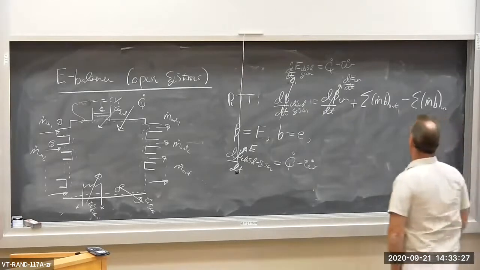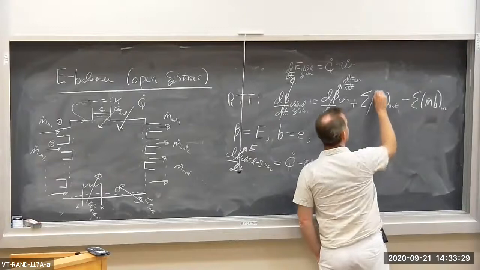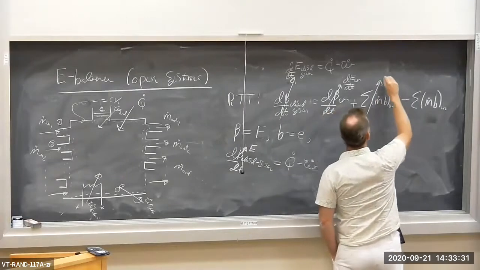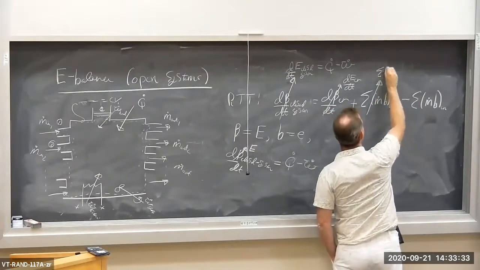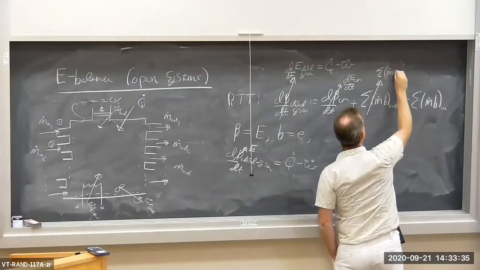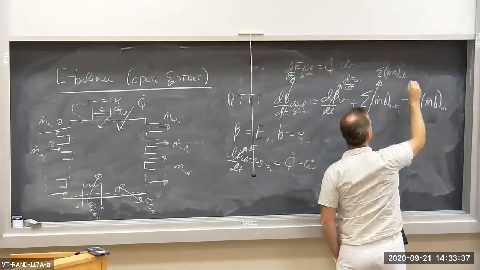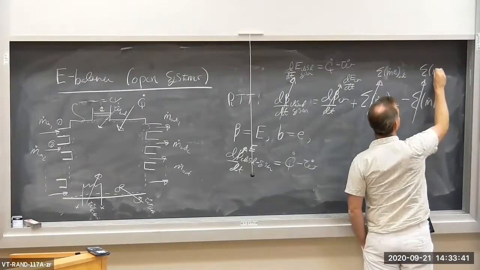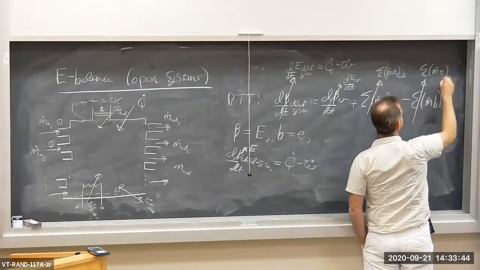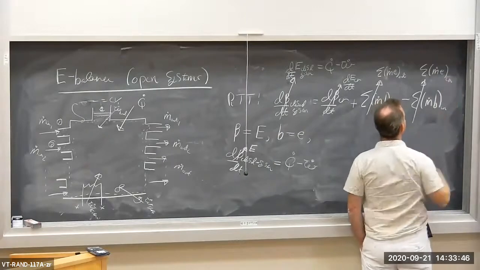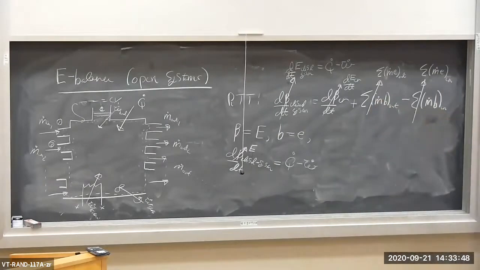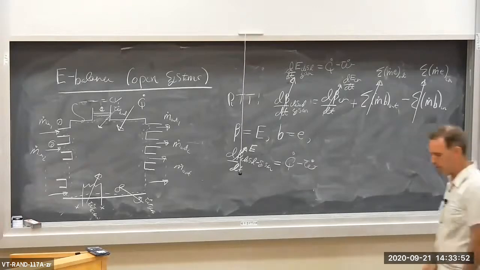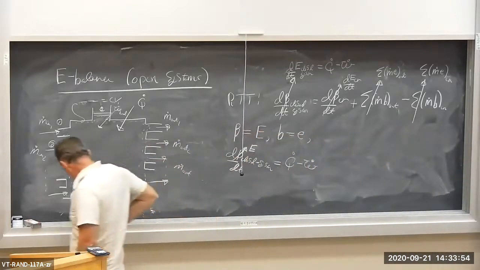And lowercase b becomes energy per unit mass, so I have the sum of m dot e out, and the sum of m dot e in. So that's what those terms become when I apply it to total energy E.